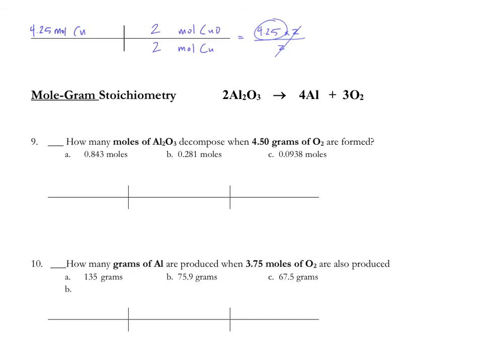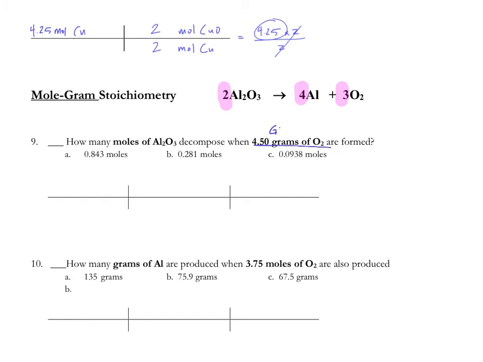Okay, now we're looking at moles to grams. So here I've got 2 moles of aluminum oxide. I've got 4 moles of aluminum and 3 moles of oxygen gas. The question's asking me how many moles of Al2O3 aluminum oxide decompose when 4.5 grams of oxygen are formed.